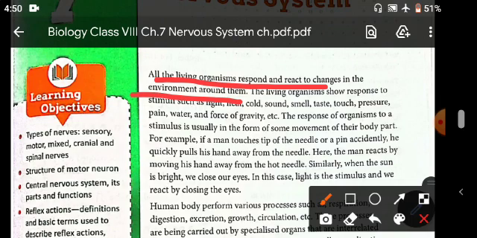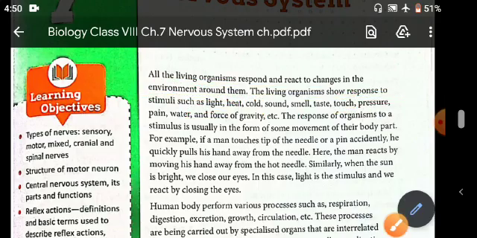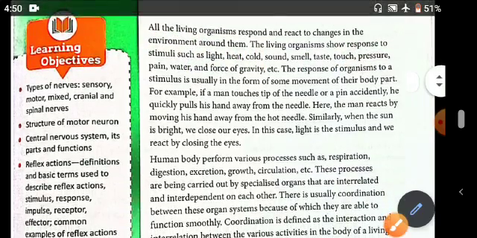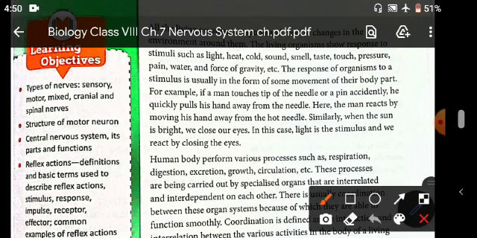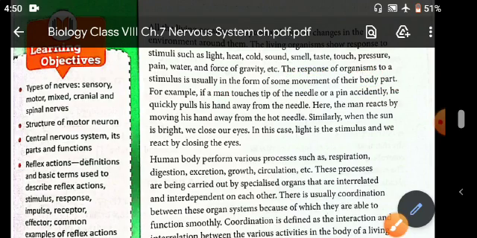Living organisms show response to stimuli such as light, heat, cold, sound, smell, taste, touch, pressure, pain, etc. The response of an organism to a stimulus is usually in the form of some movement of their body parts.